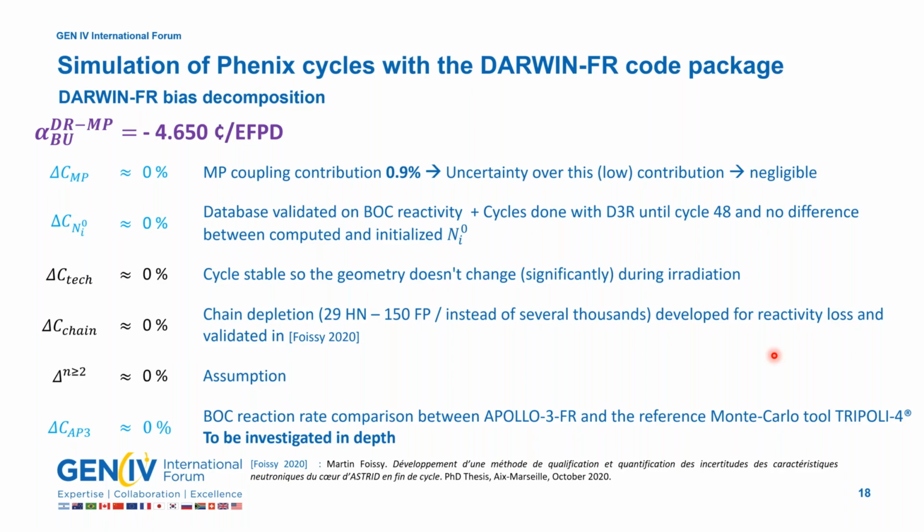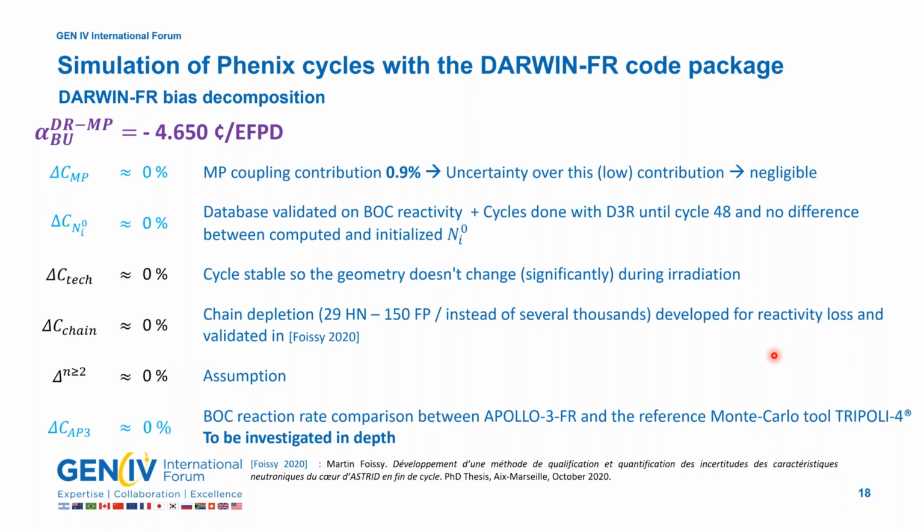So I will not focus on each of these assumptions, but I will mainly focus on two of them. First, the bias induced by the initial isotopic composition. We are modeling the cycle 42, but that means that we have 41 cycles before, so that at the beginning of the cycle 42, all subassemblies are already irradiated, so you don't know experimentally the isotopic composition.